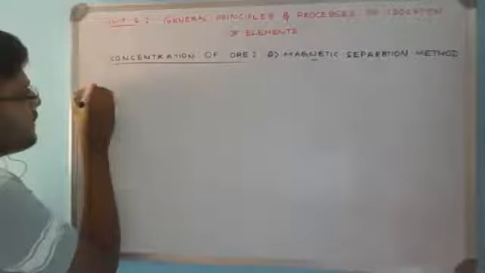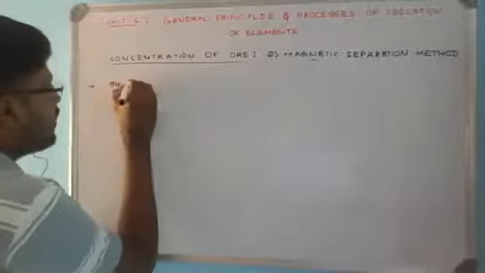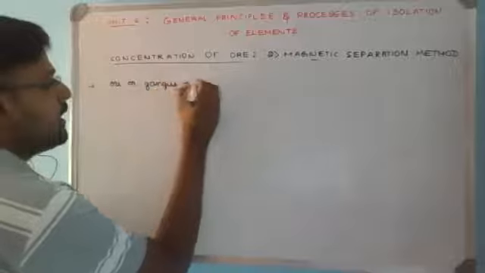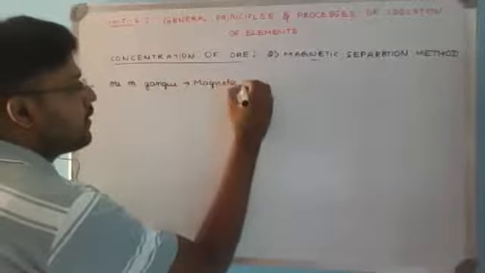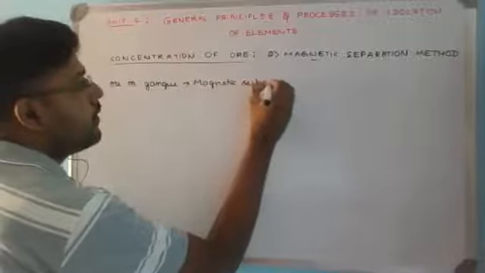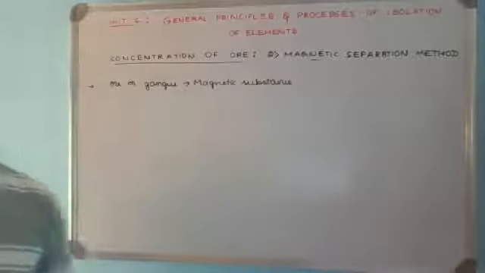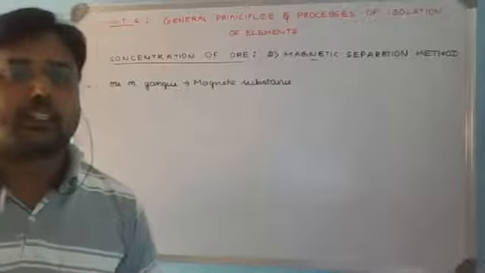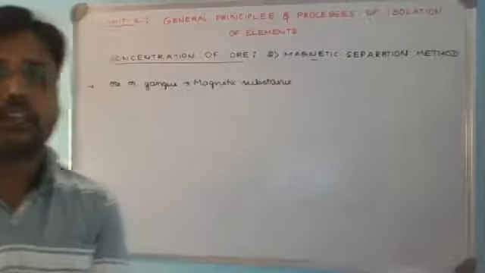In the magnetic separation method, the main principle or condition to use the method is that either the ore or the gangue particles, any one of them, is a magnetized substance. If either the ore or gangue is a magnetic substance, then it is possible to concentrate that ore by using the technique of magnetic separation.